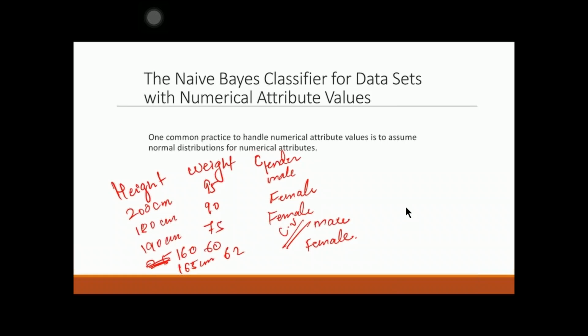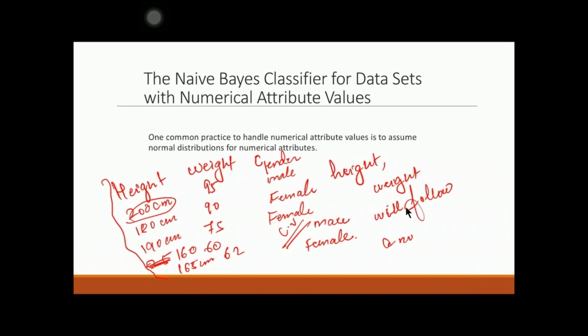Now you cannot have the occurrences. These are continuous variables, right? So you don't have a categorical feature. So what you assume is that your height and weight will follow a normal distribution.